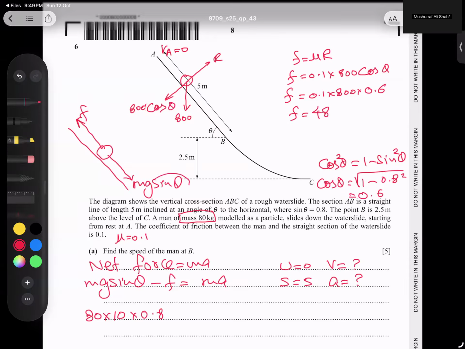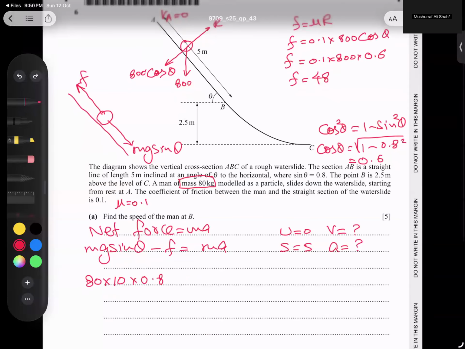Now this is mg cos theta. Okay, this is clear. So if friction force is 48 and mass is 80, acceleration we can find from here. Just a matter of typing in calculator 800 into 0.8 minus 48. I got 592 divided by 80.